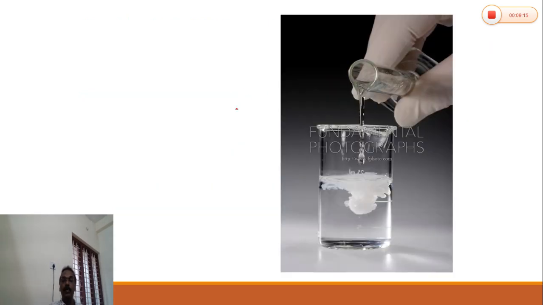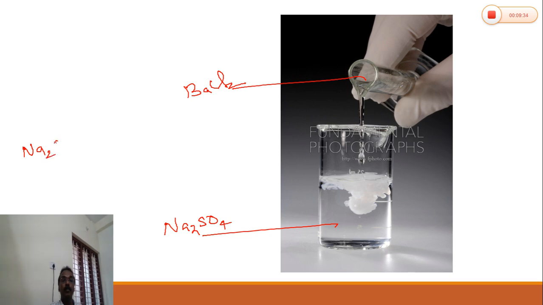Now this is a diagram showing sodium sulfate, Na2SO4, and barium chloride, BaCl2. Both are colorless solutions.